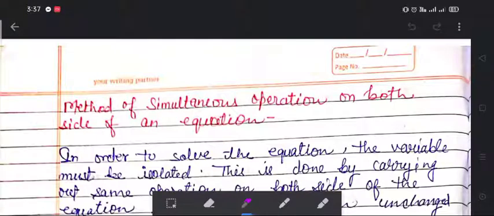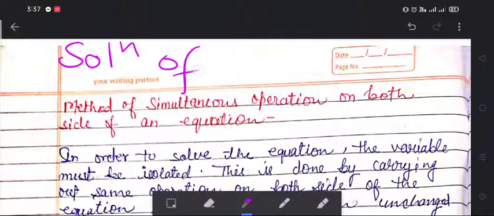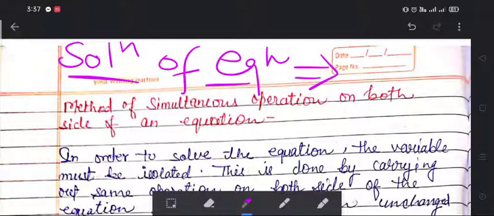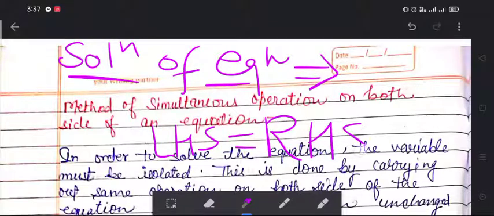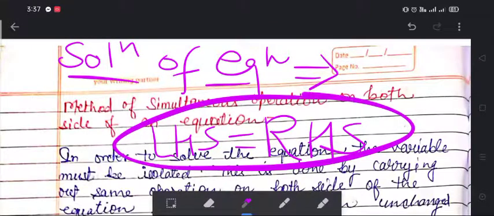In the last video, we discussed the solution of an equation. The definition was: the numerical value of the variable of the equation for which the left hand side becomes equal to the right hand side is called the solution of the equation.